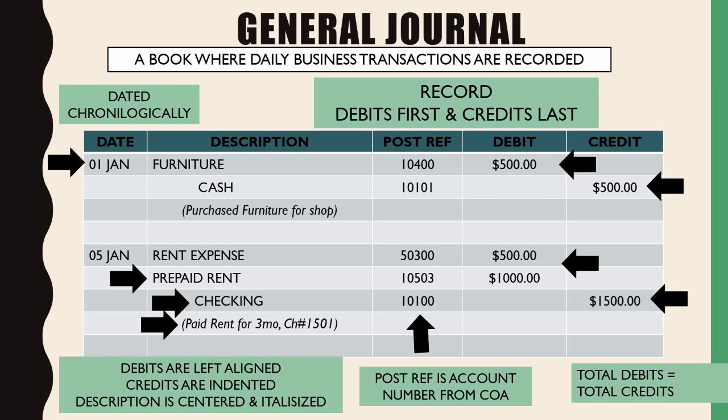Now, oftentimes you'll go on with your whole day, collect all the receipts, and at the end of the day, you'll record it. That's completely fine. You don't need to carry the book around, and right when that business transaction has happened, you don't need to record it right then and there. Okay? So, in most cases, you do it at the end of the day.